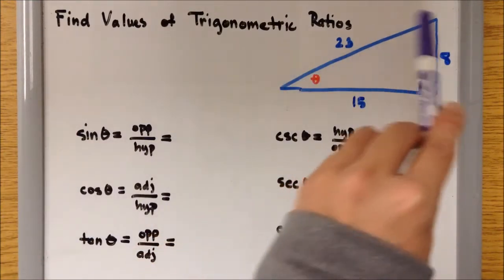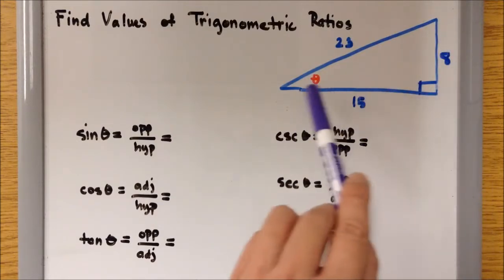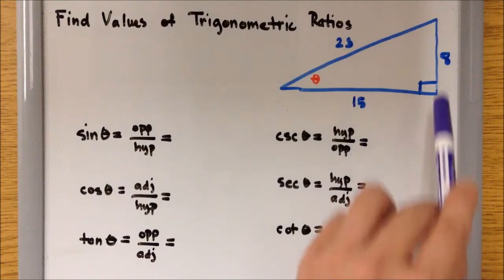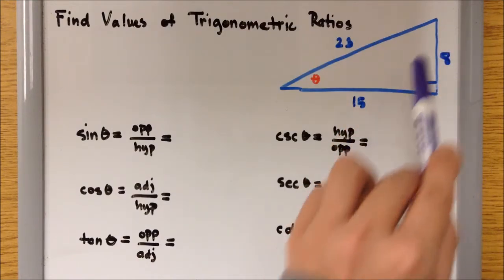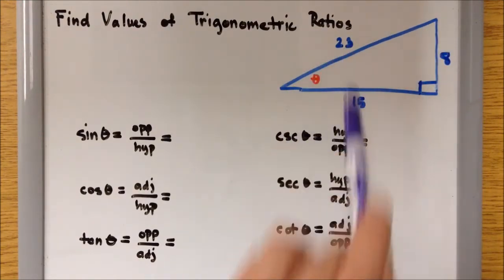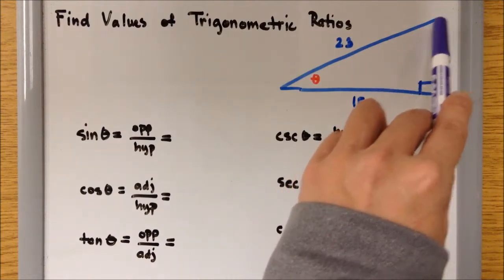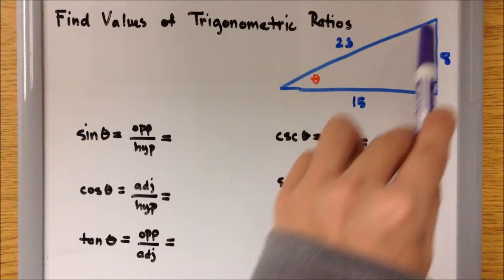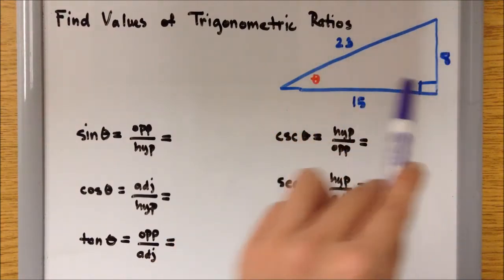So if you were given a right angle triangle, where one side is 15, the other side is 8, and the hypotenuse is 23, we always know that the hypotenuse is the slanted side or the longest side compared with all three sides of the triangle.